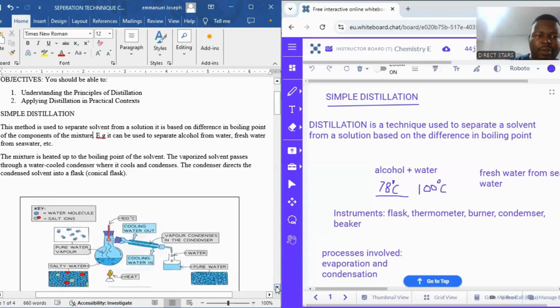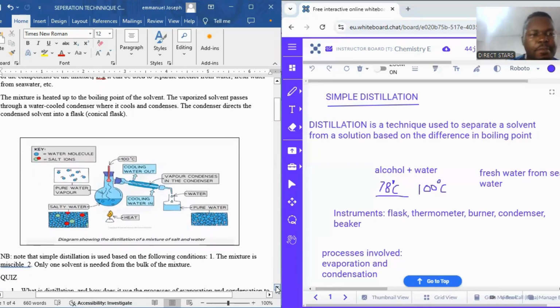Let's look at the diagram on the left side of the screen and see what it looks like. This is a diagram illustrating the separation of fresh water from salty water. Countries like the Arab countries get their water from the ocean, and the ocean is very salty, so you need this technique, distillation, to get fresh water from your seawater.